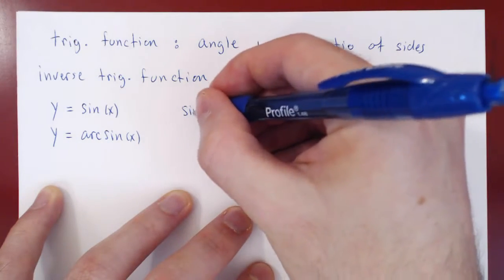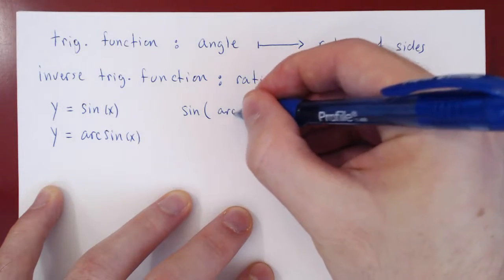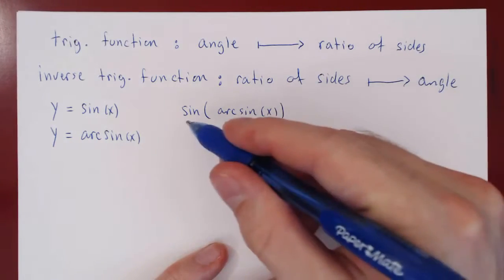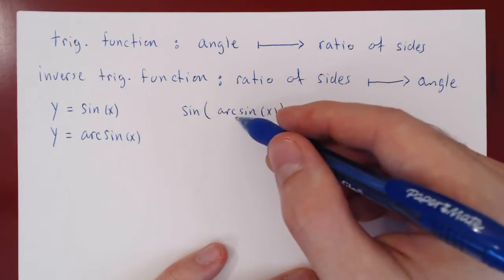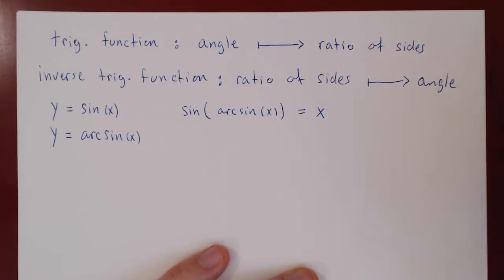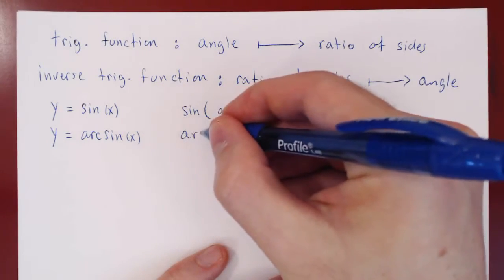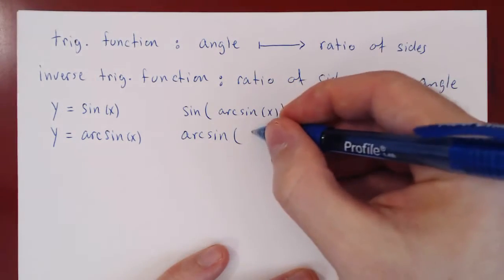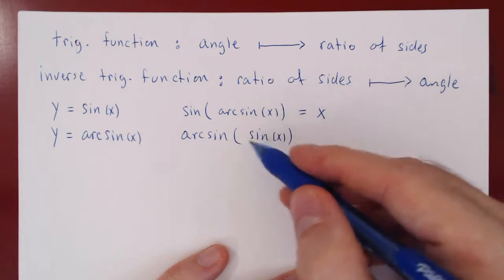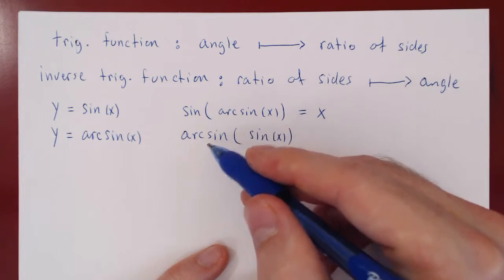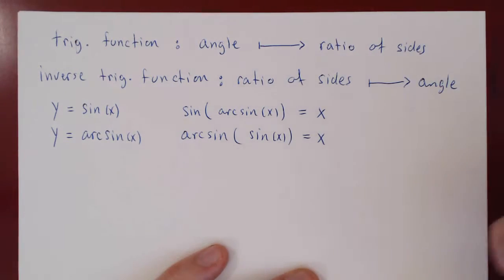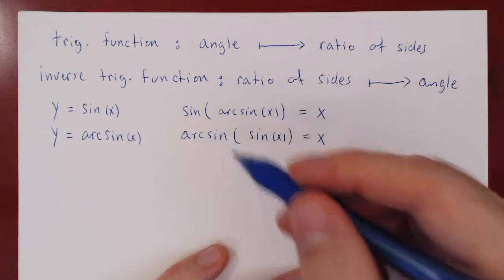If I take sine of arc sine of x, well, arc sine is the inverse of sine, so sine will cancel arc sine, and we'll be left with the argument, simply x. Similarly, if you compose in the opposite order, arc sine of sine of x, arc sine cancels the sine, and we once again are left with the argument x. That is the fundamental property of the inverse function.